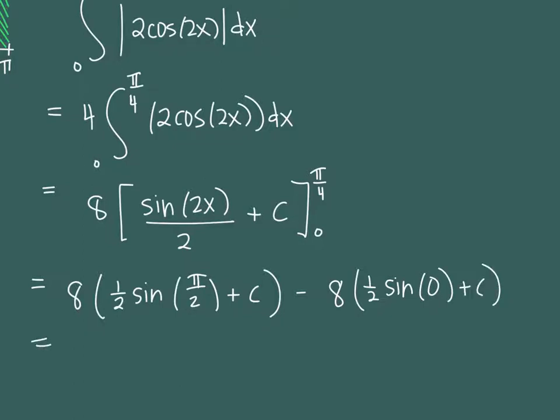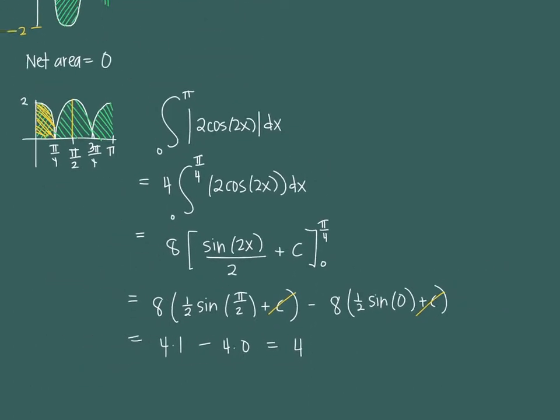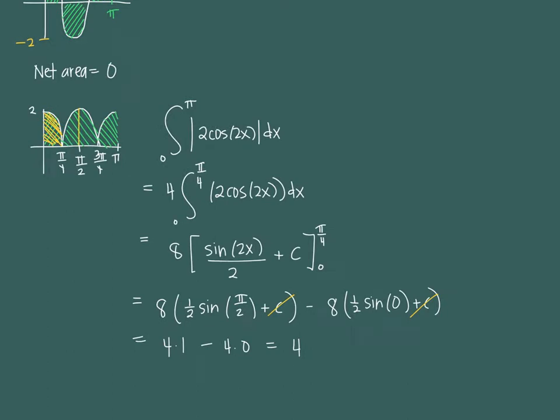And then we simplify. 8 times 1/2 is 4. The sine of pi halves is 1. The c's cancel out. Minus 4 times 0. So 4 is the total area of that graph. Okay, I don't need a calculator to help me out with that.